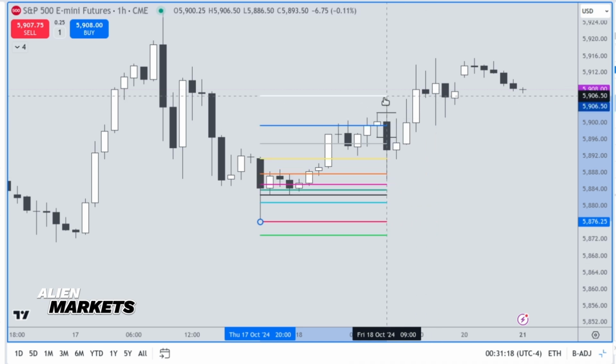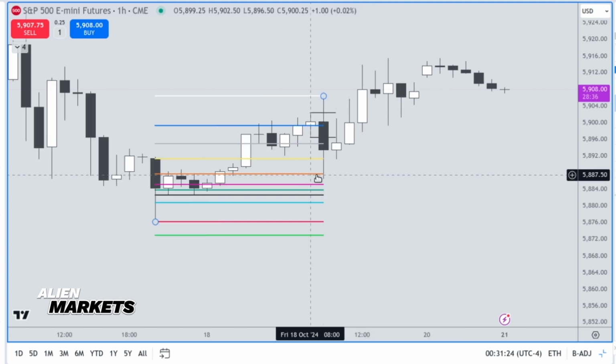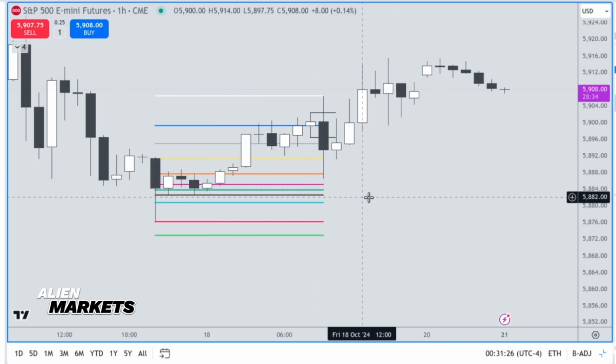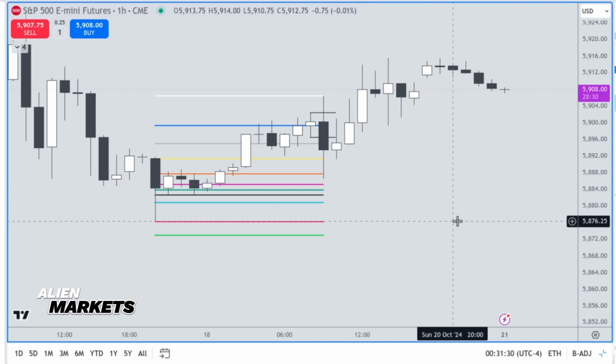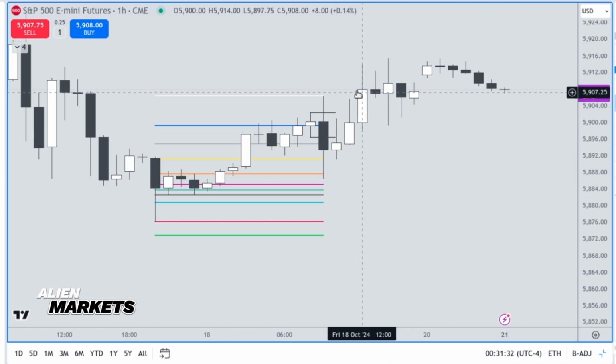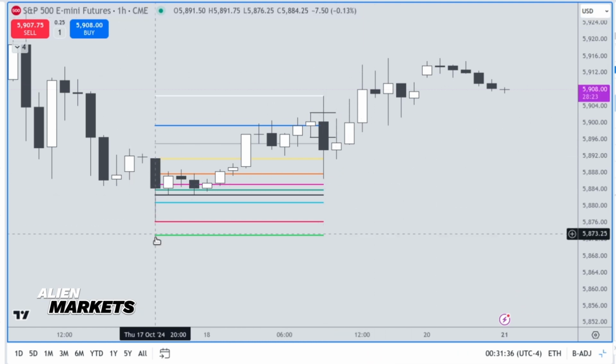So we know that it reached the 61.8% level, and it is very likely that it will keep going higher. That is what the higher time frame shows us, because we are on 1 hour.